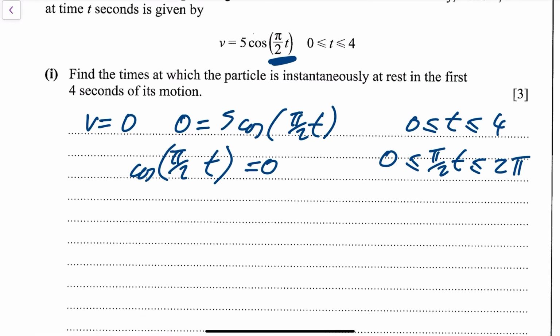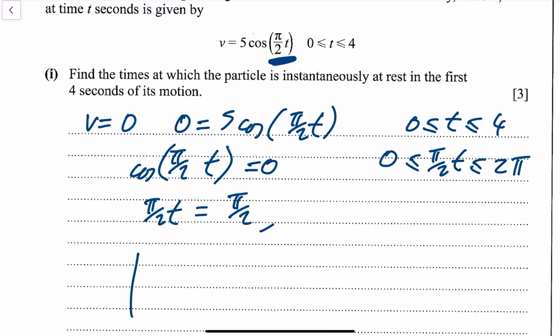So if you did cos to the minus 1 of 0, you get 90 degrees. And in radians, pi over 2 t is equal to pi over 2.